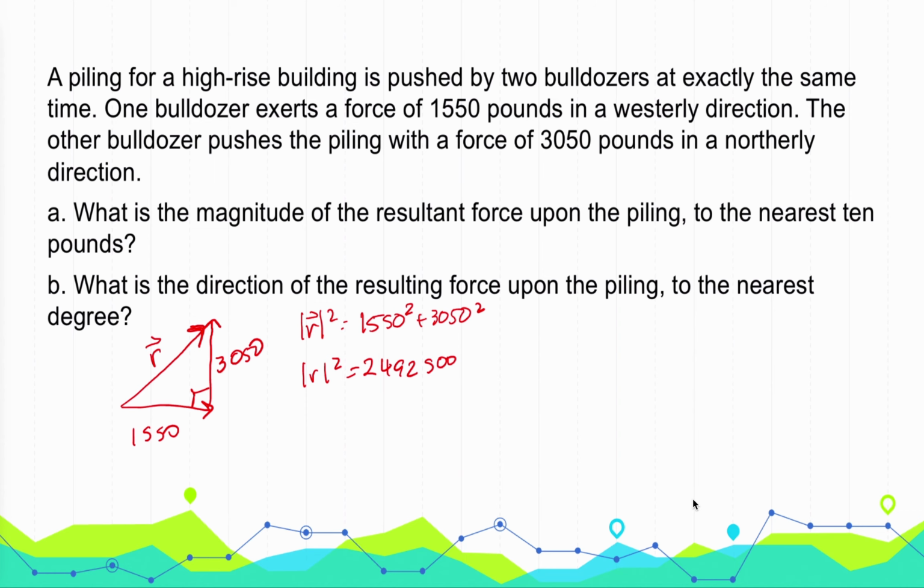And so then the magnitude of r is going to be the square root of 2,492,500, which is 1,579. Now it says to the nearest 10 pounds, so 1,580.